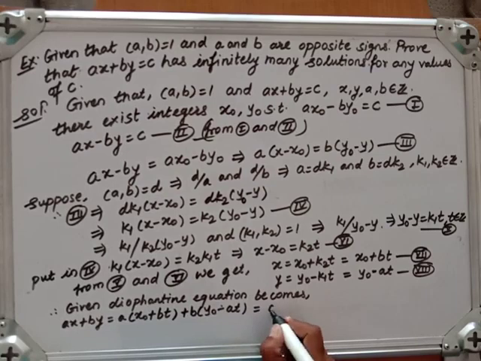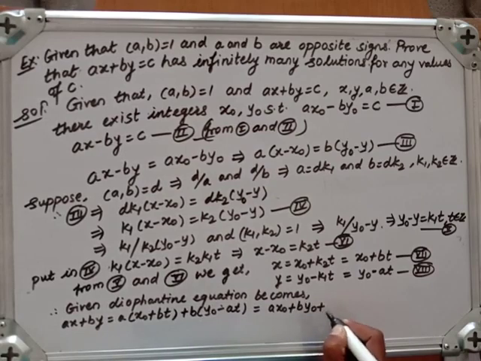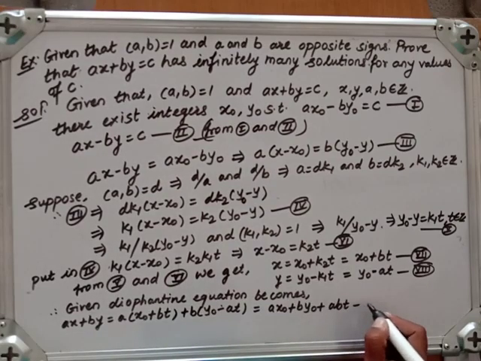So that is Ax0 plus By0 plus abt minus abt.